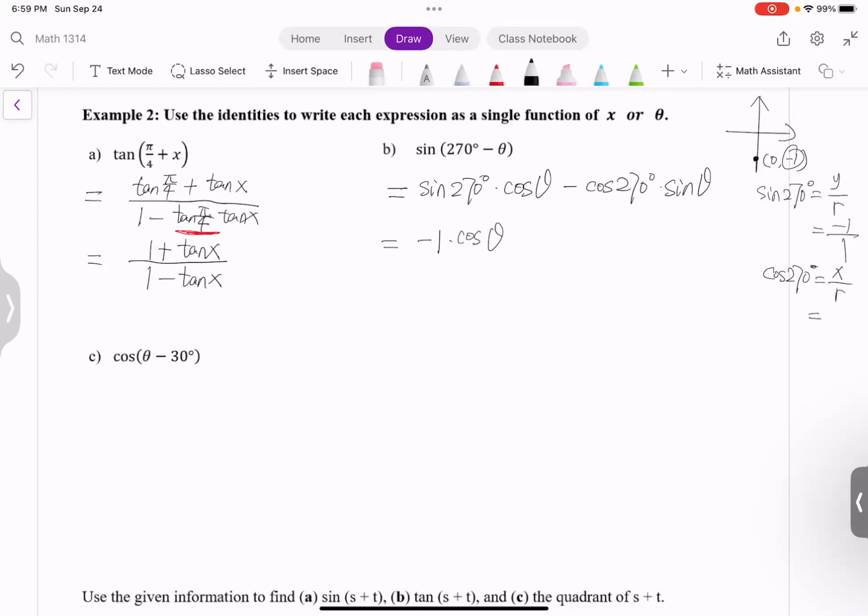What is the x of the point? It is 0, and 0 over 1 is 0. So we put 0 here: minus 0 times sine theta. 0 times any number is 0, so we have negative cosine theta. Okay, let's see the next one.